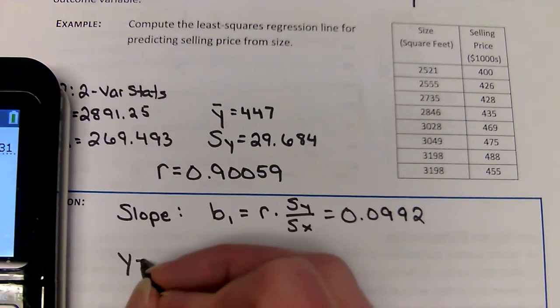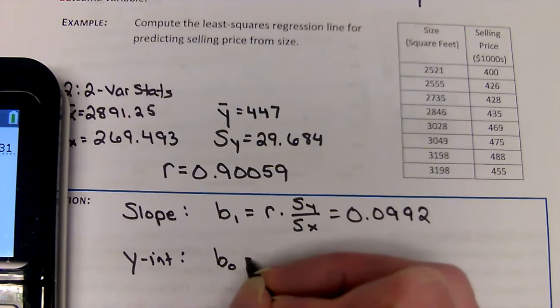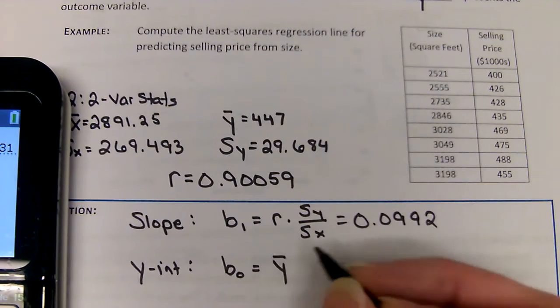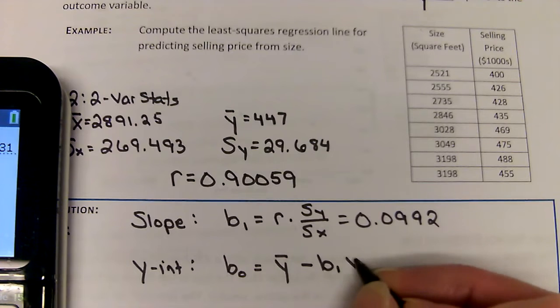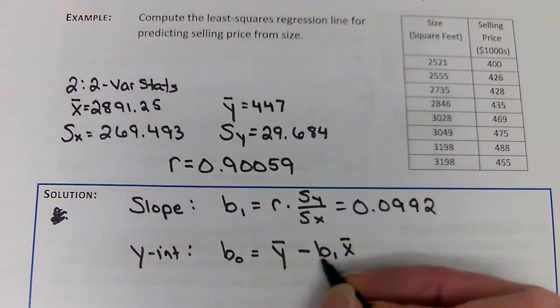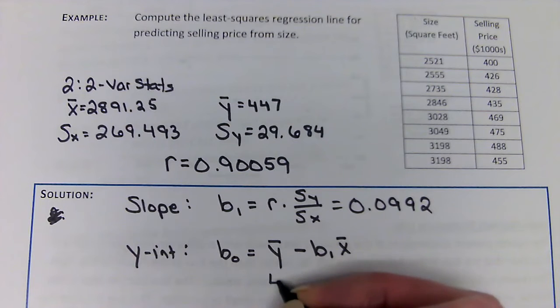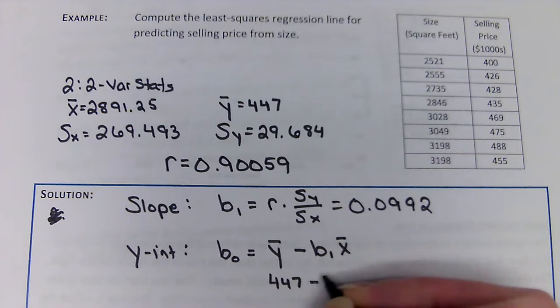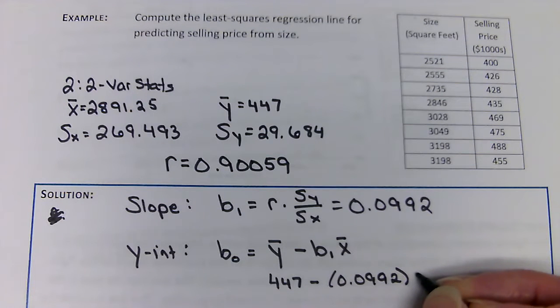Now my y-intercept is represented as B sub 0. And it's y bar minus B1 x bar. So it's this average of the y's minus my slope times the average of the x's.